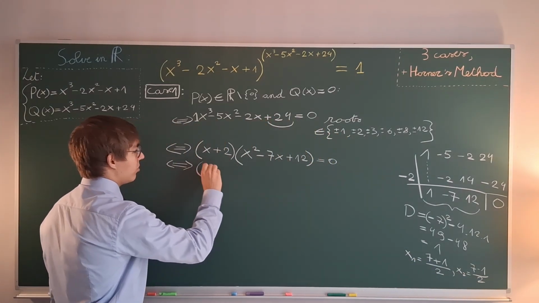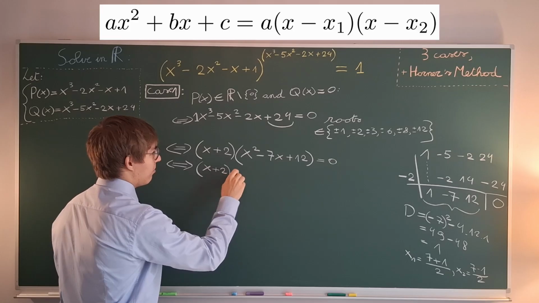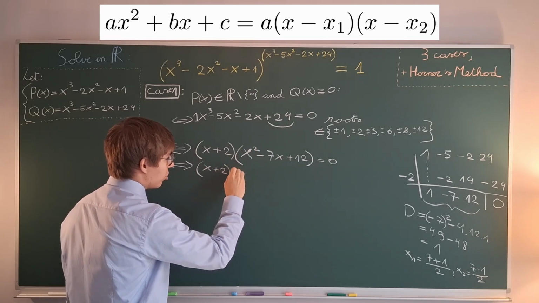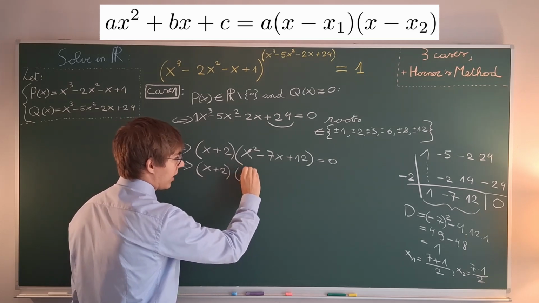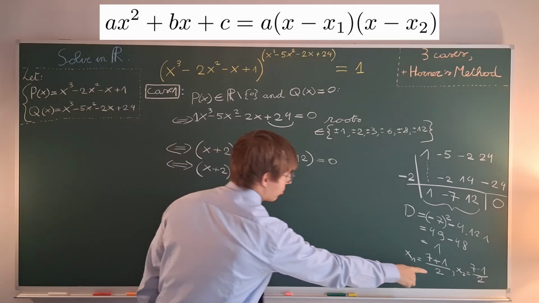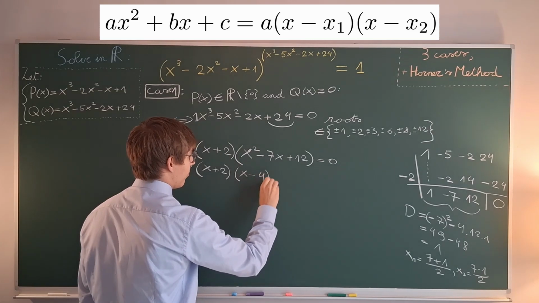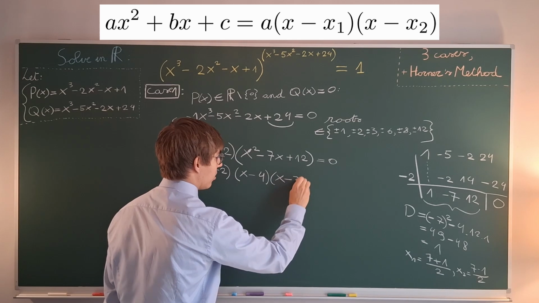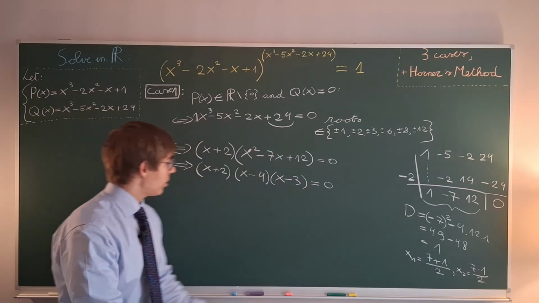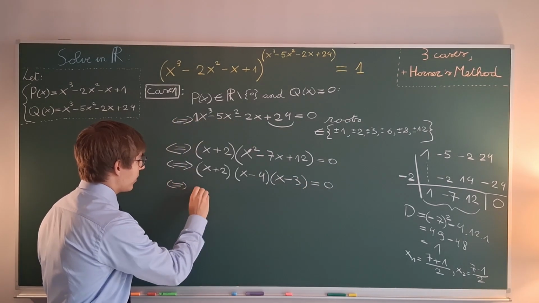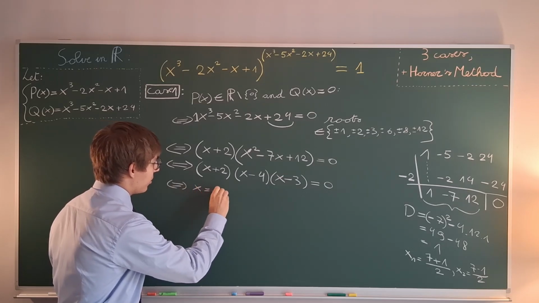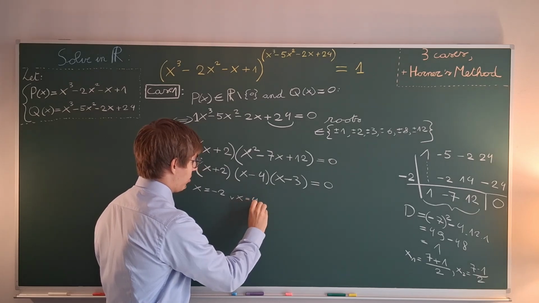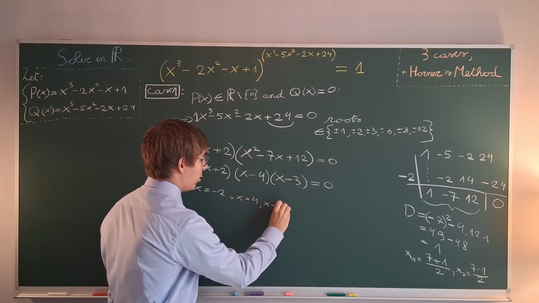So we can factor this into x plus 2 times the coefficient of the highest power, which is just 1, times x minus the first root, 4, times x minus the second root, which is 3. So we get that x is equal to minus 2, or x is equal to 4, or x is equal to 3.